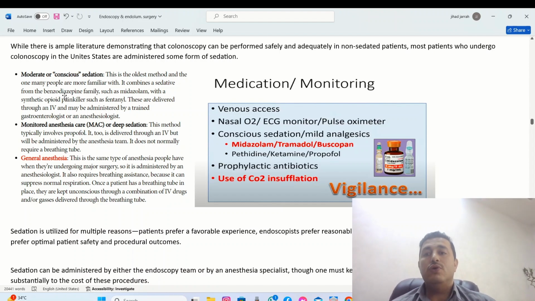In this regimen, we use benzodiazepines such as midazolam and opioids such as fentanyl. And of course, we need IV access, nasal monitoring, pulse oximeter, and ECG monitoring. These are required.